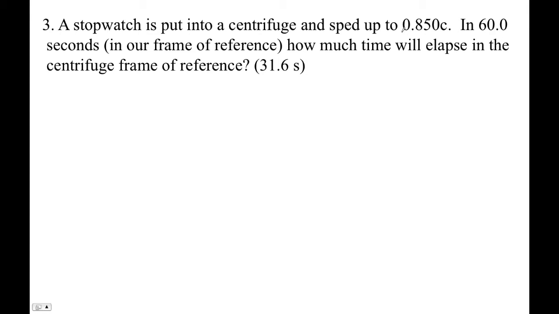And of course, the great mystery here is that we know the moving clock is going to run slower, right? The stationary clock runs faster, at a normal speed, right?